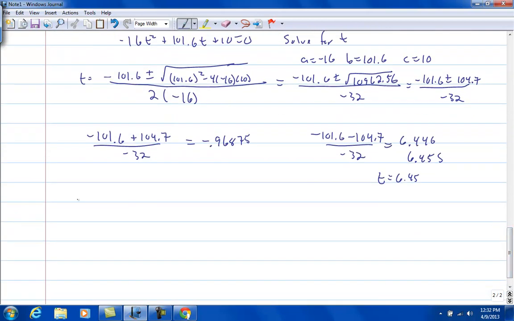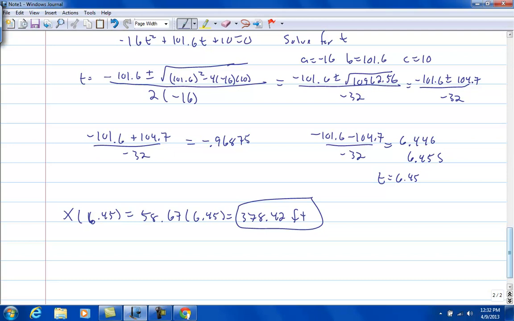Now to finish this off, x of 6.45, the horizontal distance would be 58.67 times 6.45, which is 378.42 feet. That's where the net should be placed.